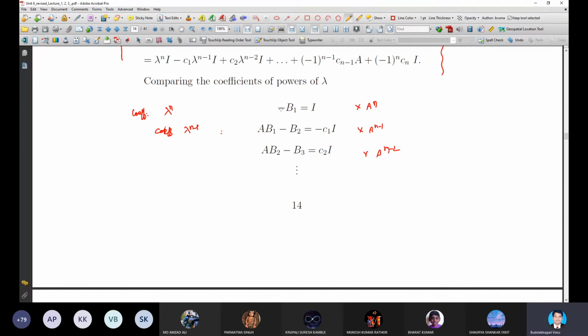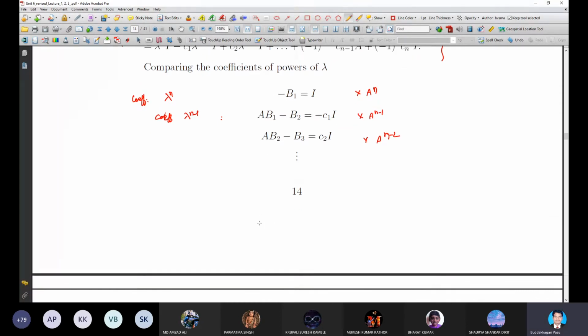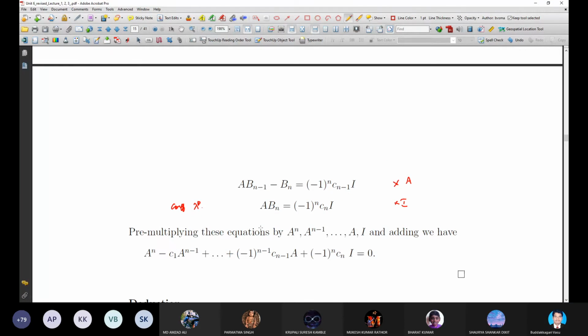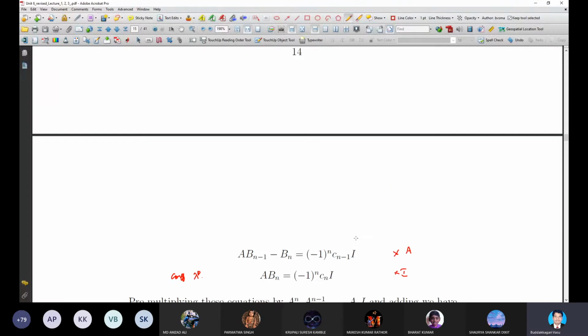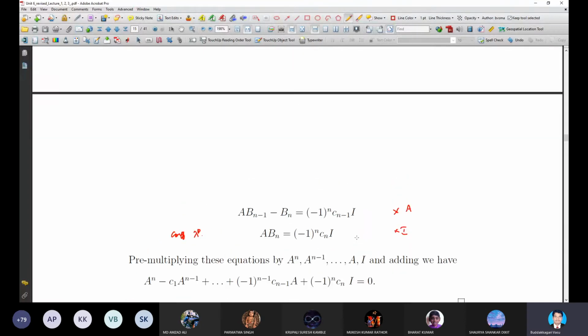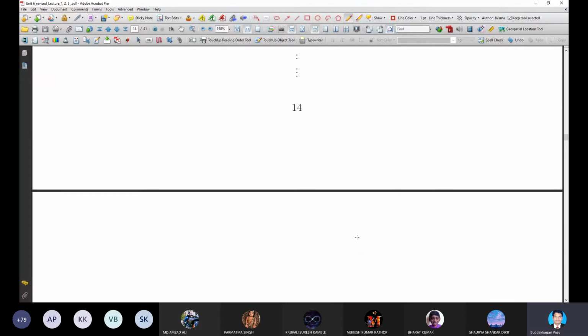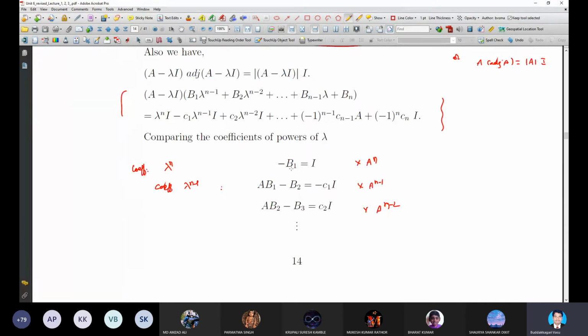Sorry, it is not A power n only, they were written as A square, A cube, like this.